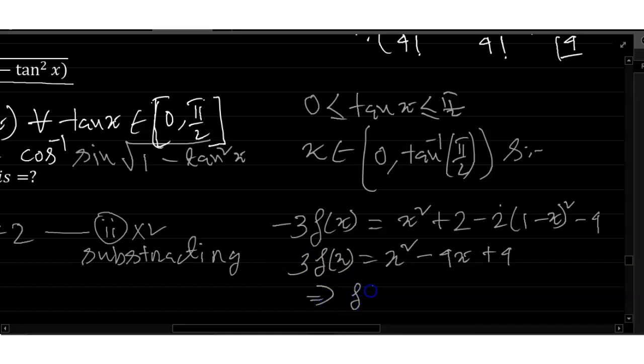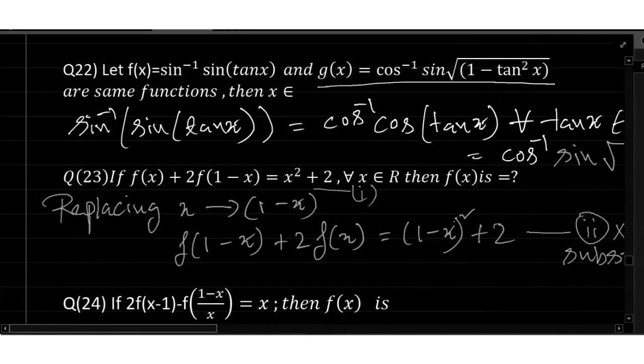So f(x) is equal to (x minus 2) whole square divided by 3. This is my answer.